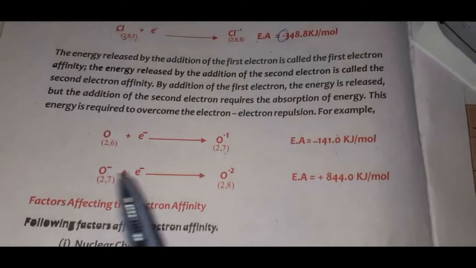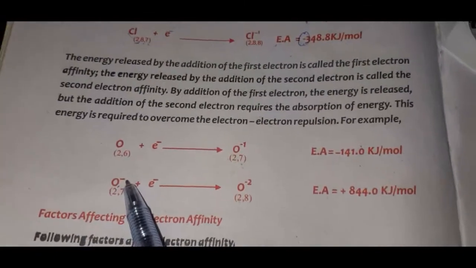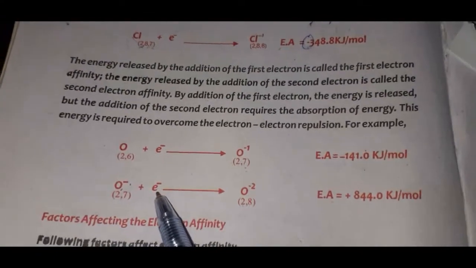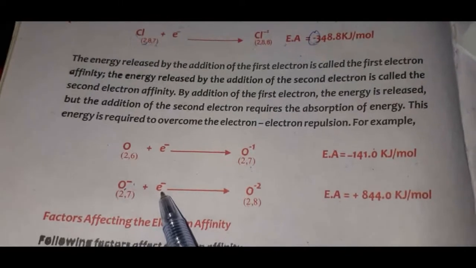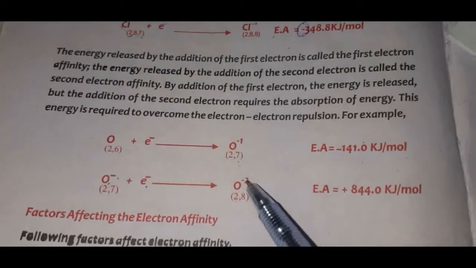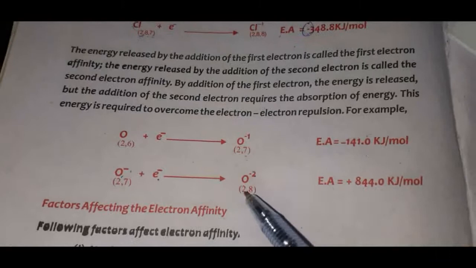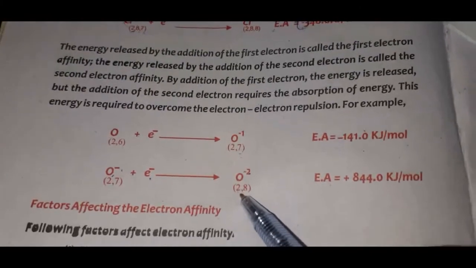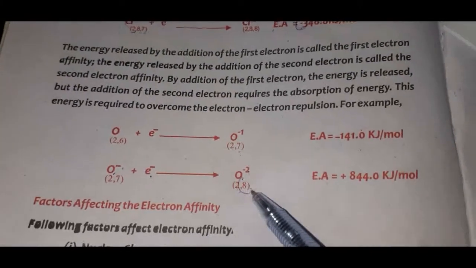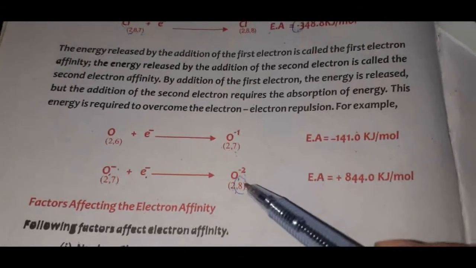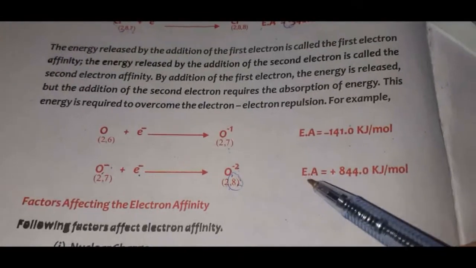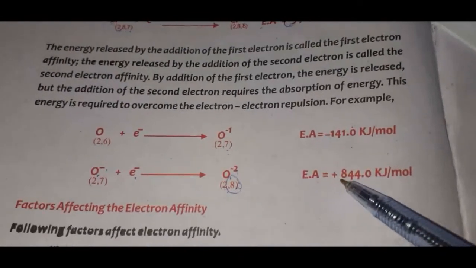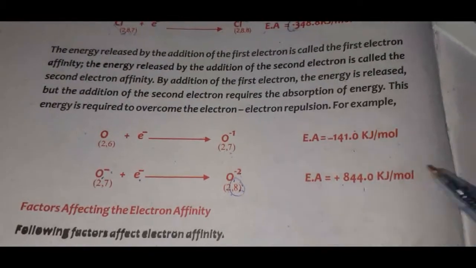So if you look here in the case of oxygen, oxygen -1 will gain an electron to get a charge of -2 and to get the electronic configuration of 2, 8, following the octet rule, and so its electron affinity is plus 844 kilojoule per mole.